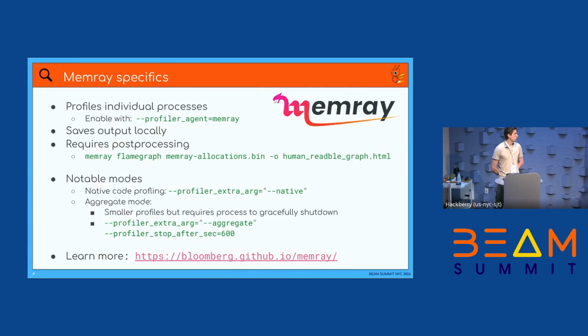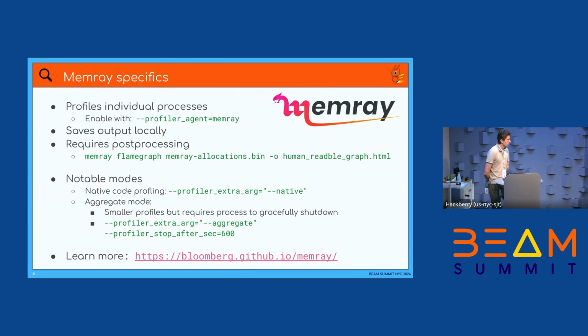After that, you would need to post-process those allocations into human readable information like flame graphs. Memray can monitor the allocations that happened in the Python process itself, in the Python code, but it can also track allocations that happened in the extensions of Python code, in the native C++ extensions that your Python process might be using. And that's pretty handy if you use libraries, and many packages use extensions.